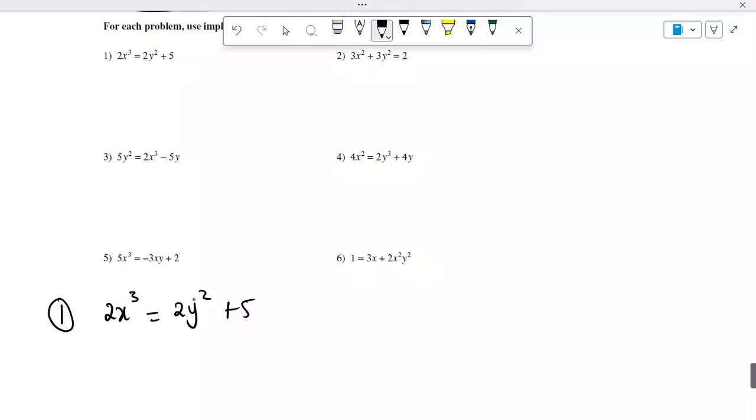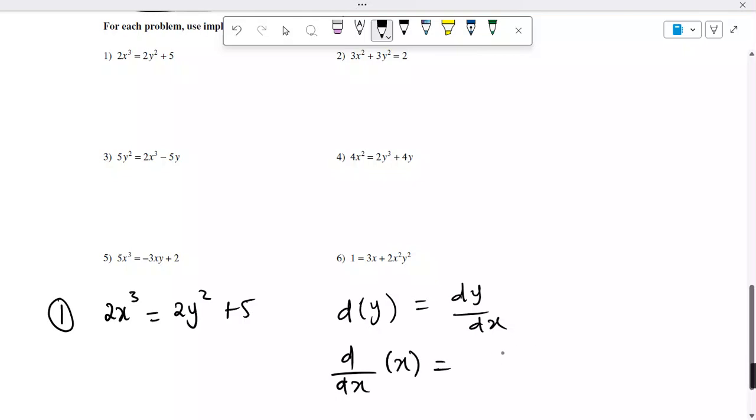Whenever you are differentiating a y term, that's where you write dy dx. But when you are differentiating anything with x, we don't write anything because we are differentiating with respect to x. For y with respect to x, we write dy dx.